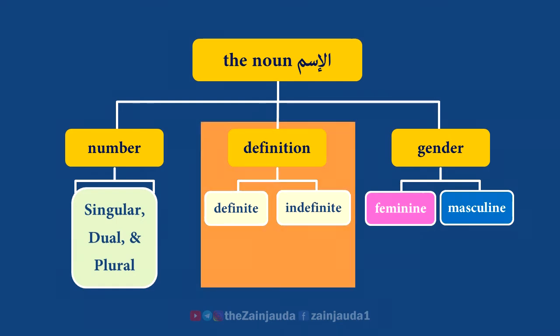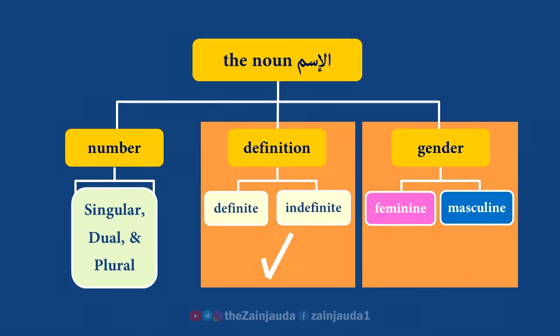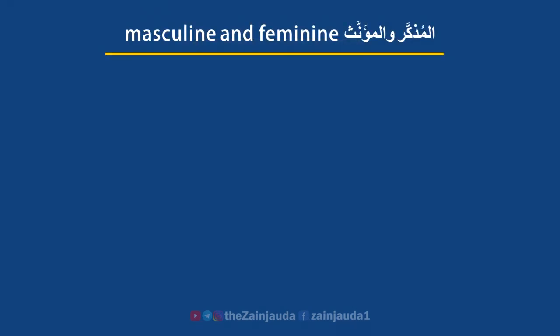In lesson number 2, we talked about how to make a noun definite by adding al-ta'rif. Today we'll talk about the gender of nouns, and the number will be left for future classes. In Arabic, masculine is usually the default of words, and from it, feminine words are derived. However, there are exceptions.